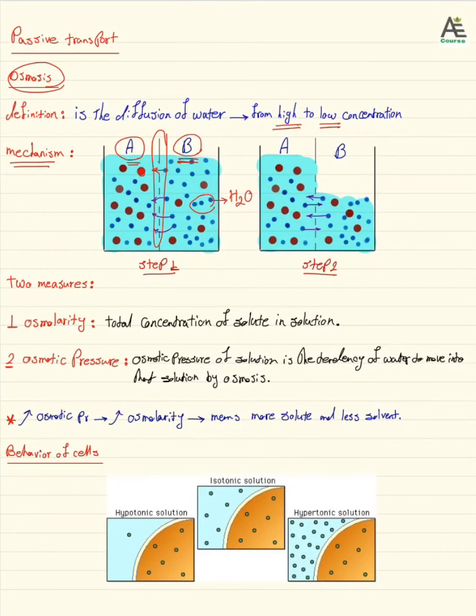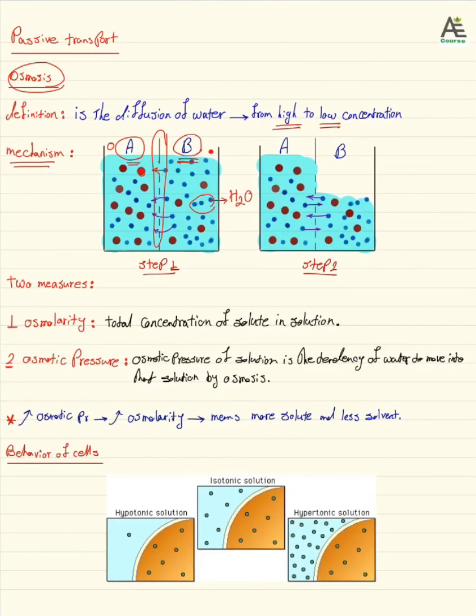As I said, osmosis is diffusion of water from high concentration to low concentration. So here we have high concentration of water in this compartment. Here we have low concentration.